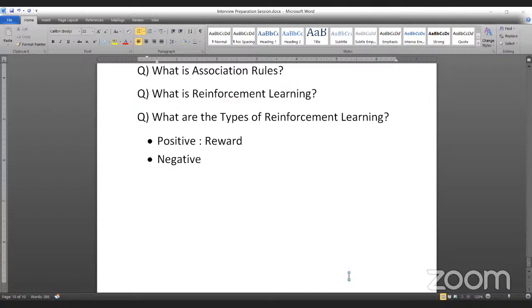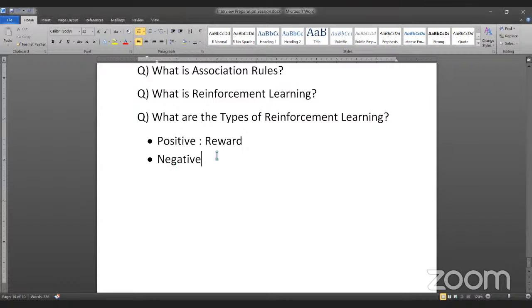Then coming to negative reinforcement. In negative reinforcement, if we want the learner not to do something and it does, we punish it. Instead of reward, here we use punishment or penalty.